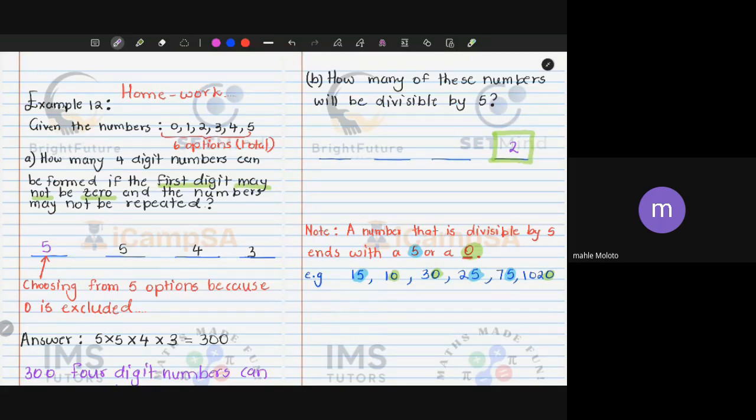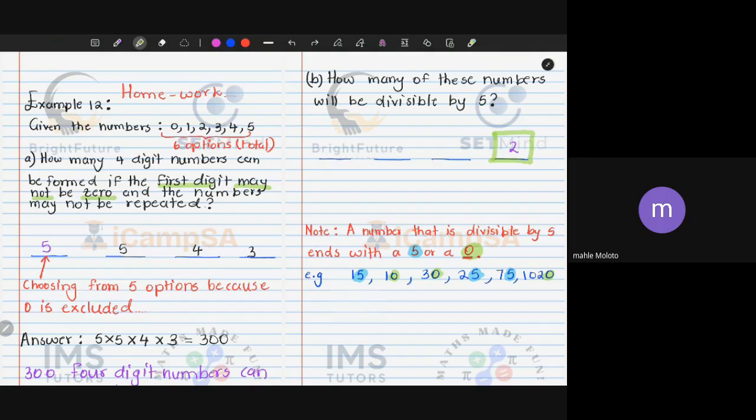So when you look at our total number of options, we have 6 numbers here. Of these 6 numbers, how many options do we have for the last digit that could allow the number to be divisible by 5? Just think about it.